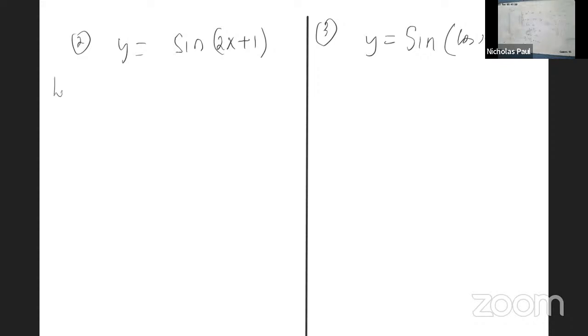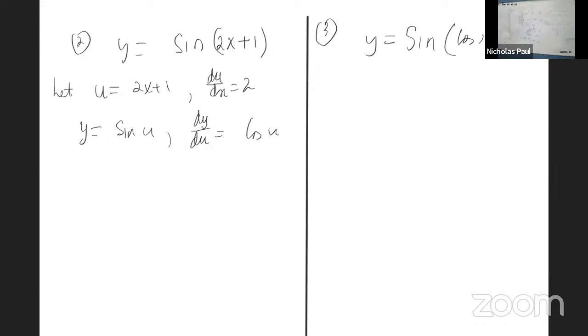So let u equal 2x plus 1. Even if they don't tell you what u is, it's generally what's in the bracket. du/dx is equal to 2. y is equal to sin u, so dy/du is equal to cos u.